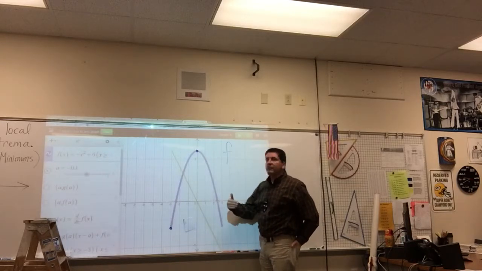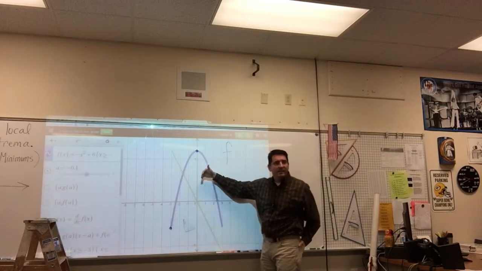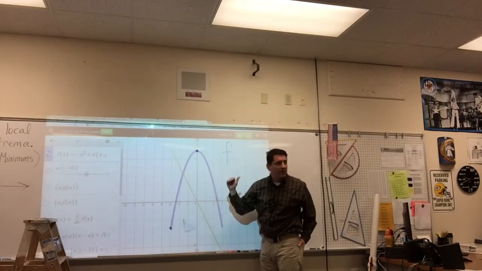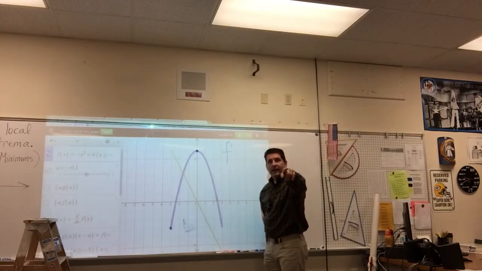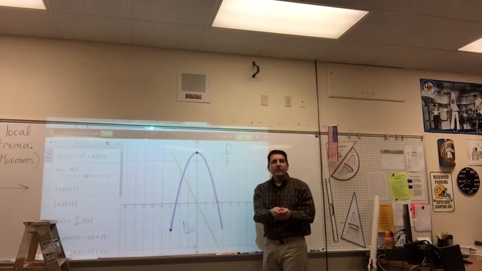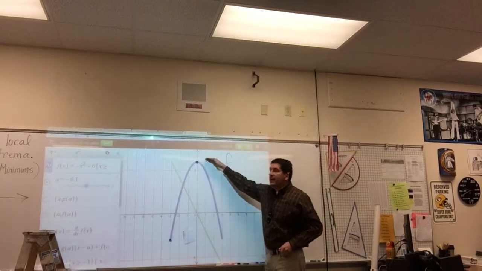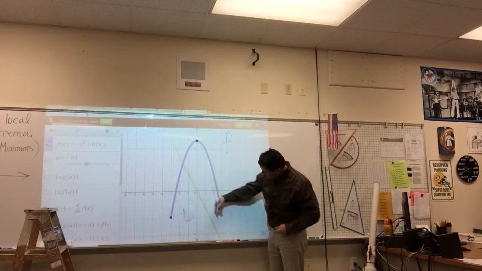I'm going to be decreasing. I have to start somewhere, and the place that I start is at the top. That's why there's a bracket on this one right here, because it's decreasing starting at the top. And how far do I get to decrease? All the way until I hit the bottom.